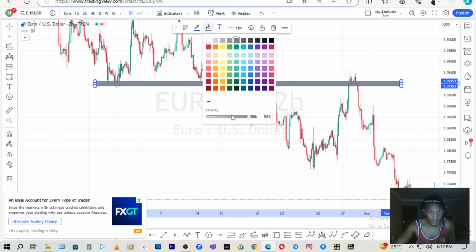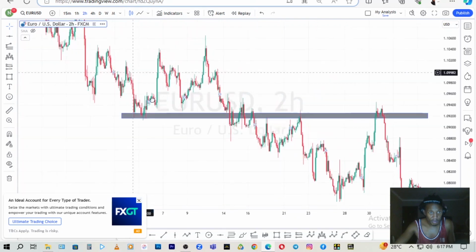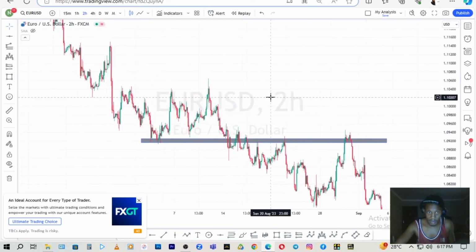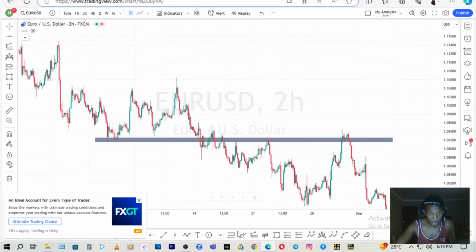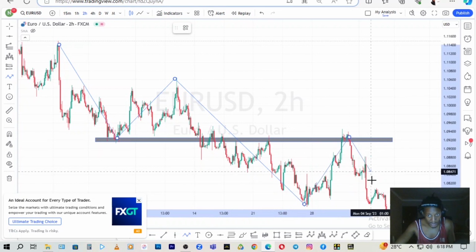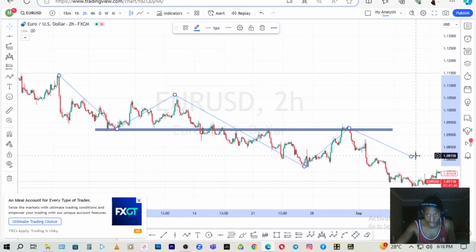Yeah, you can see overall I'm trading with the trend. Remember, trading with the trend. This is my lower low, this is my lower low, lower high, lower low, lower high. Then what are we going to create? Another low.